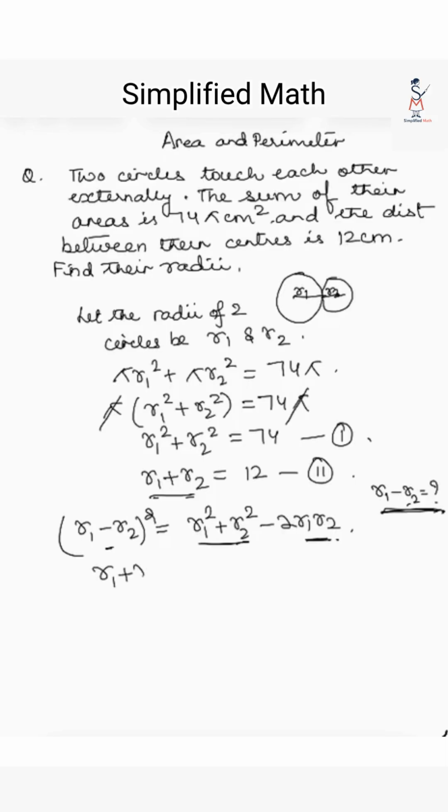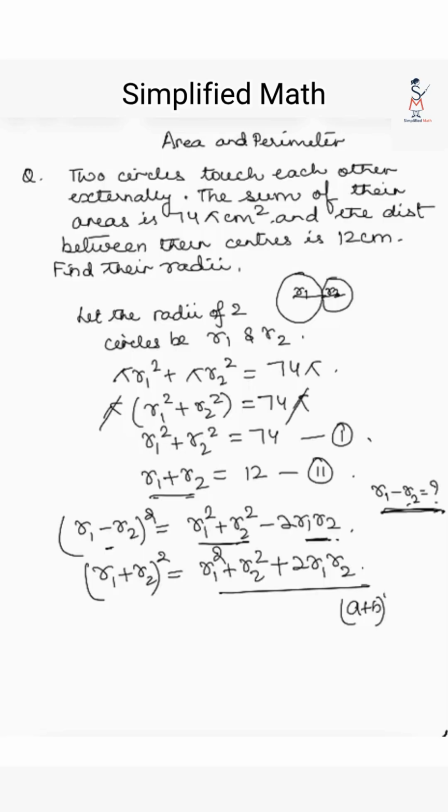And we know R1 plus R2 whole square is, following the identity of A plus B whole square, that is R1 square plus R2 square plus 2 R1 R2. This is the identity of A plus B whole square, that is A square plus B square plus 2AB. Fine.